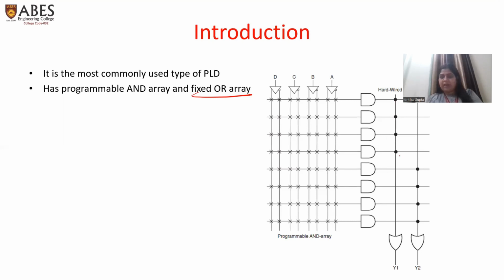This dot symbolizes that the OR gate is fixed, and this cross symbolizes that we have a programmable AND gate. So you can easily visualize the difference between PLA and PAL. Let us move further by taking one example.